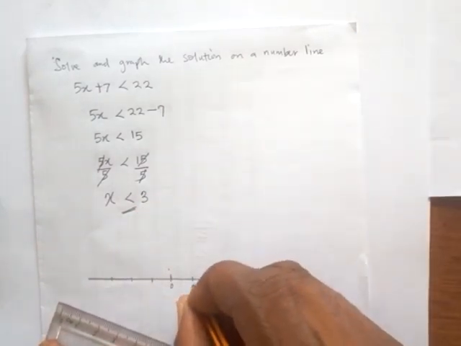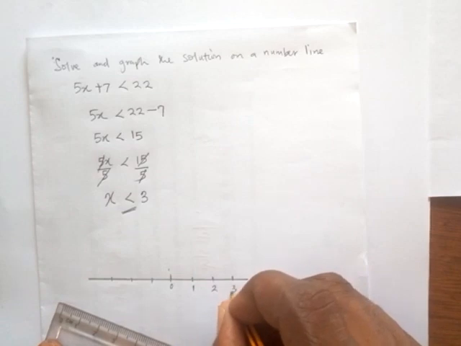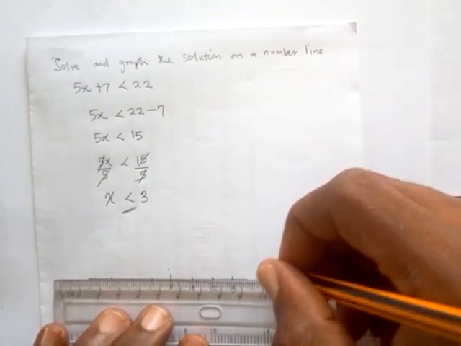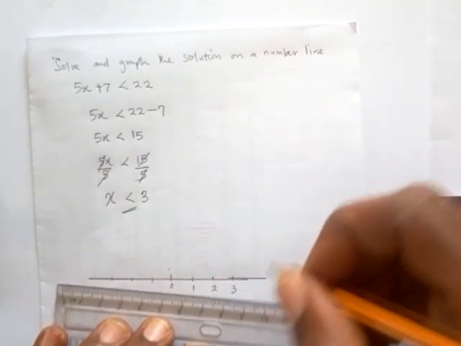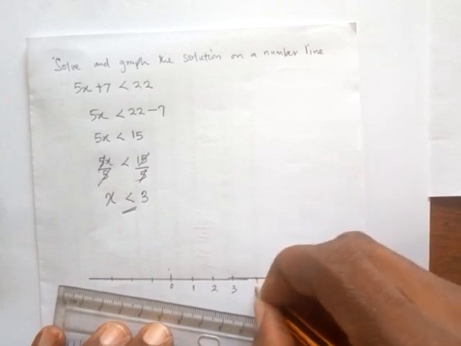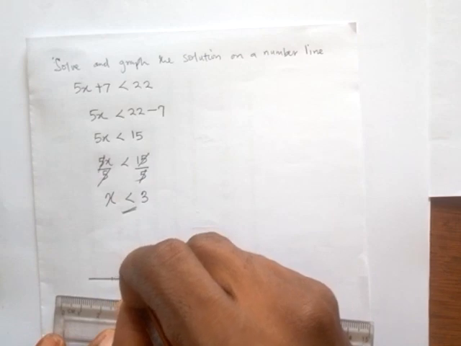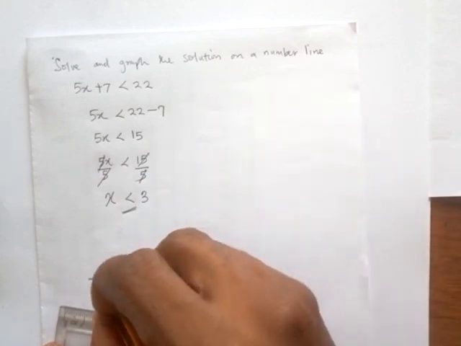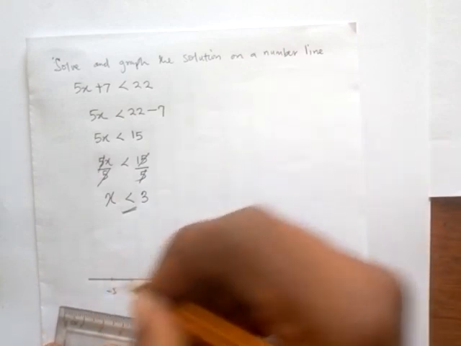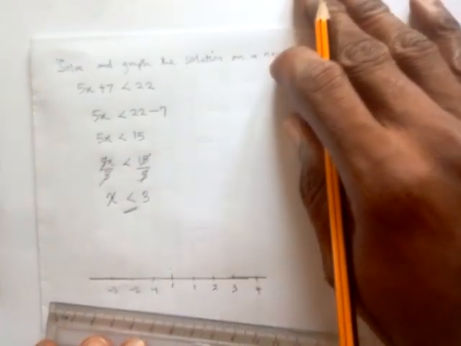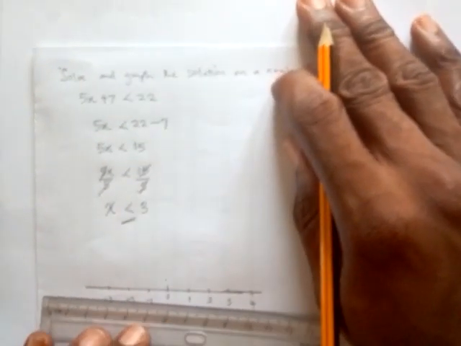You can include some more numbers even though it is out of the range. This is minus 1, minus 2, minus 3, and so on. So x is less than 3.